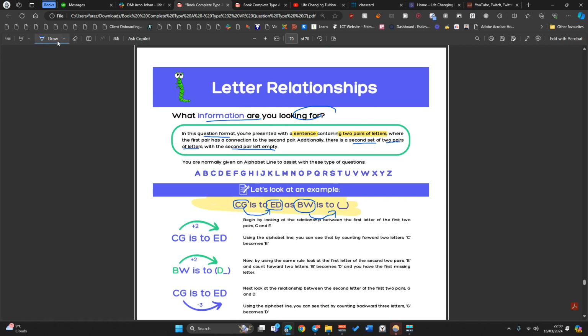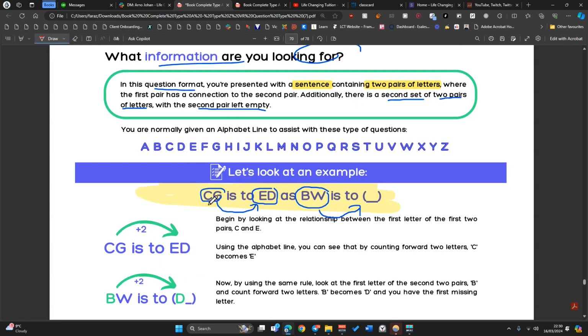So let's have a quick look in a different color at what might be happening here. I'm assuming it's just going to be from C. How did we get from C to E? We first figured that out. It looks like we've moved forwards twice in the alphabet. And then, how do we get from G? We've moved backwards 3 times in the alphabet.